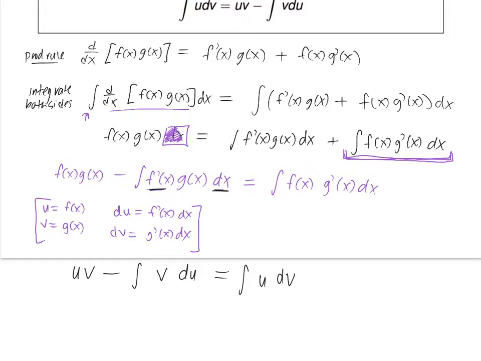Is that the same formula that's written above? Yeah, it's just reversed, right? It's just flip-flopped. So if I put integral u dv on the right, that's equal to uv minus integral v du.